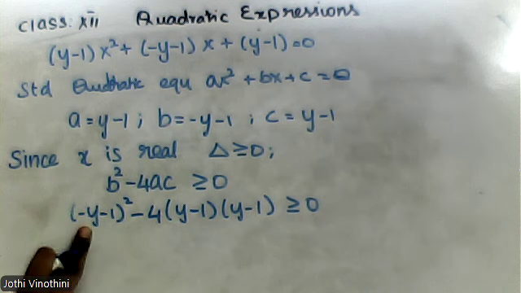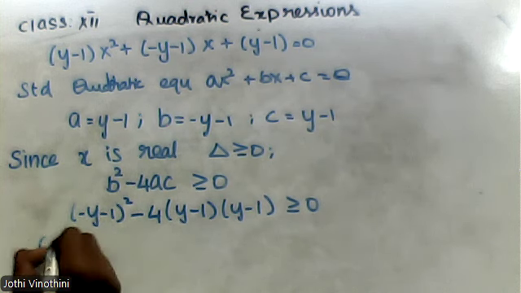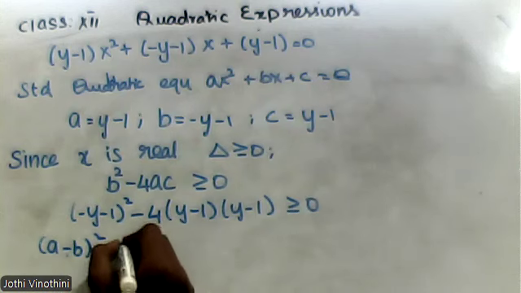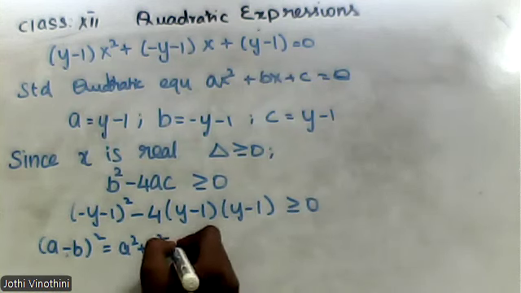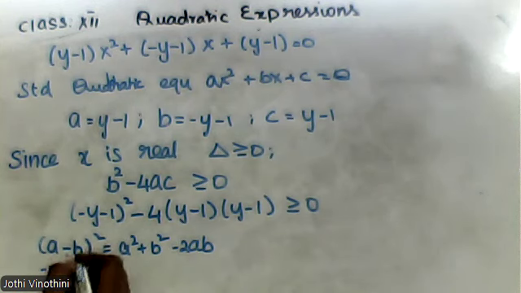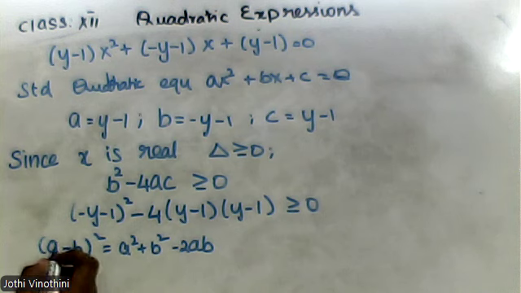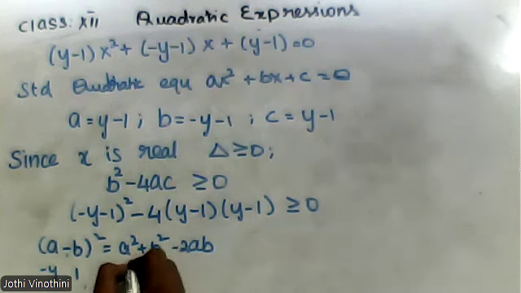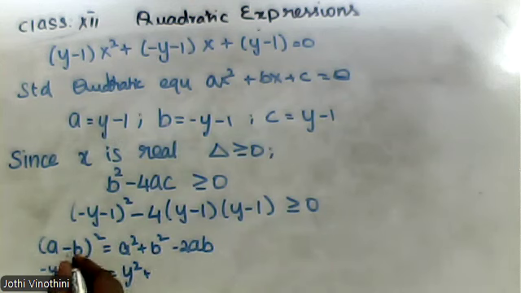Yes. So it is in the format of a minus b the whole square, which equals a squared plus b squared minus 2ab. In place of a, I am going to take minus y, and in place of b, we are going to take 1. So minus y the whole square is y squared, plus 1 squared which is 1.